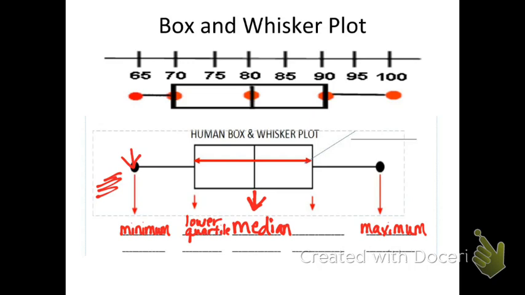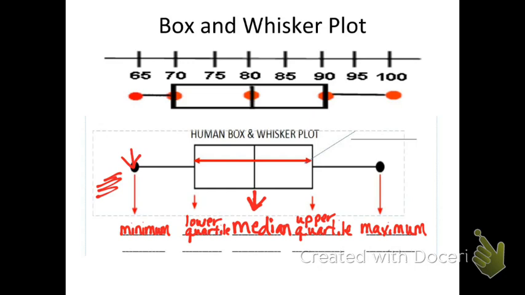So it's the lower fourth. That's how you can think of it. So that's the lower quartile. Now, if we call that one the lower quartile, what do you think this one is? How about the upper quartile? You were close. So we have lower quartile, upper quartile.